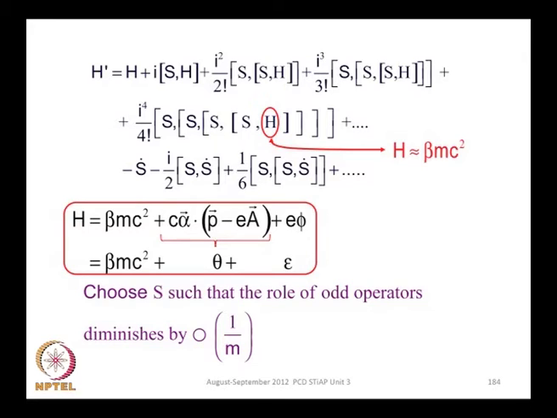Okay. And to develop an approximation which will have the leading term, all the subsequent terms will become diminishingly small because they have higher powers of s, because there are more number of s operators which appear in these commutators. So, if s is of order 1 over m, the more number of s's you have, the weaker the commutator is. So, you can make this approximation beta m c squared for h in this term, but you can't do it over here, okay, because this will be 1 over m cubed, this is of order m, and then you will have only a 1 over m squared approximation.